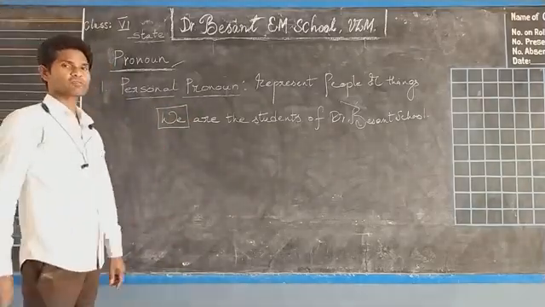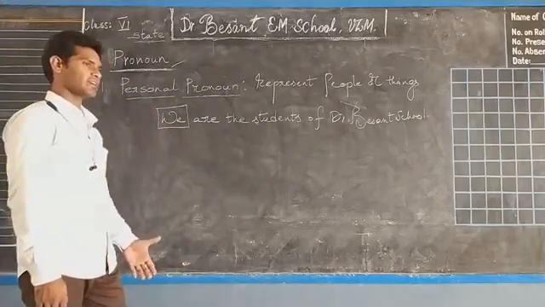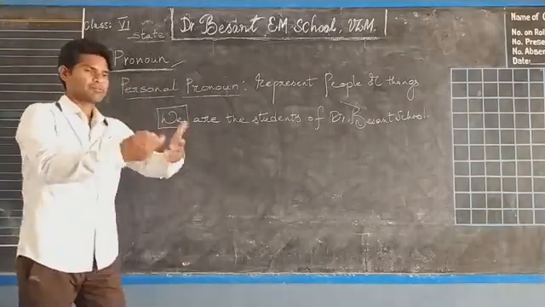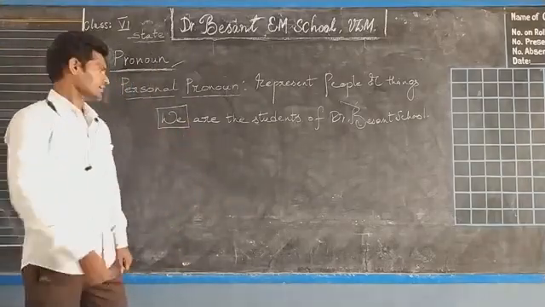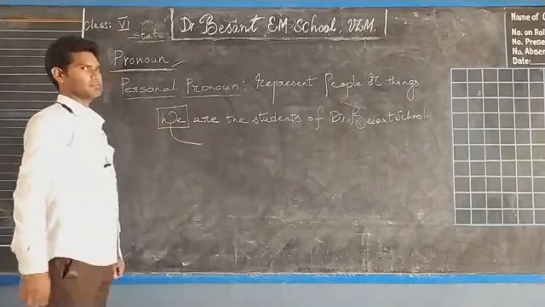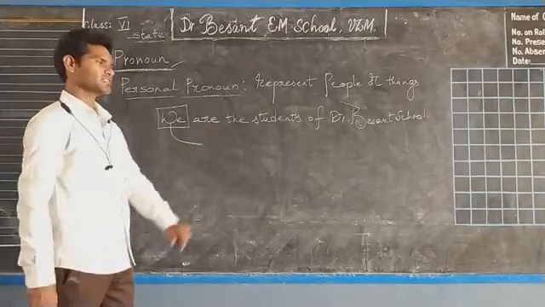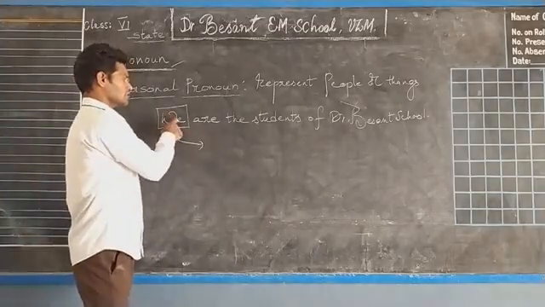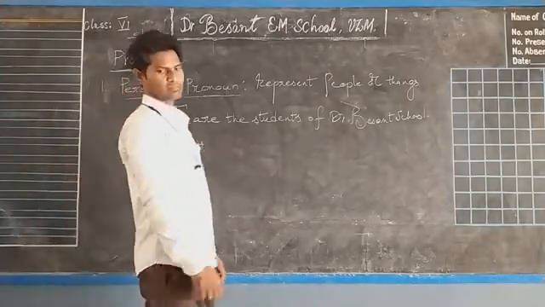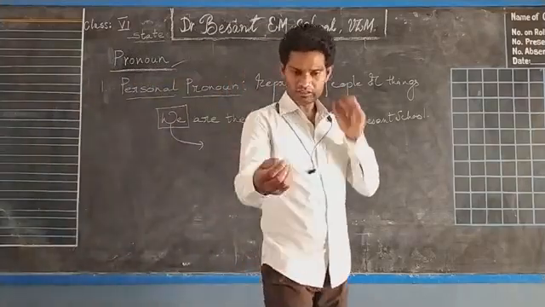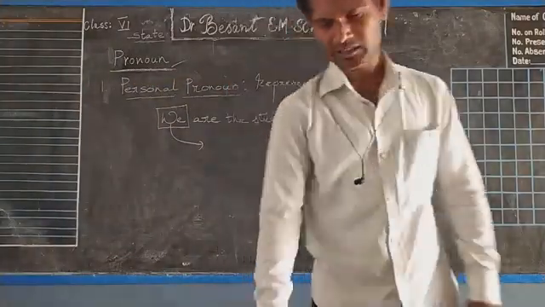We means who? Here it refers to the people who are speaking. It refers to the students of Dr. Besant school. So this is what we call a personal pronoun.